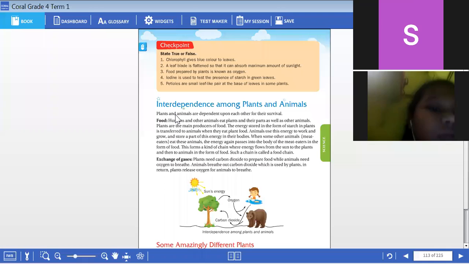But how, if only plants will prepare food, then why is it needful to depend? Everyone will have the same question.